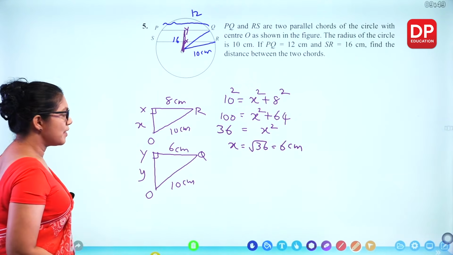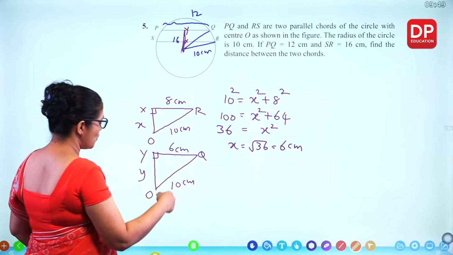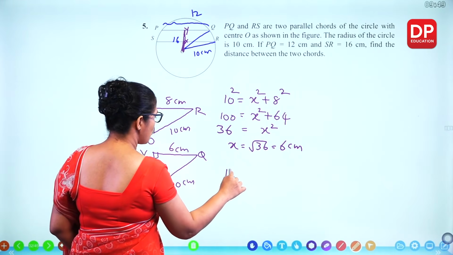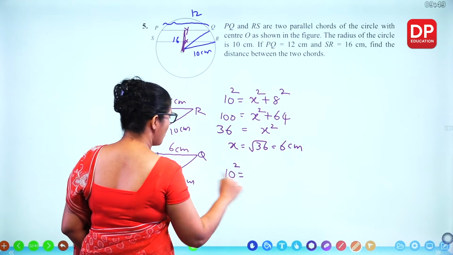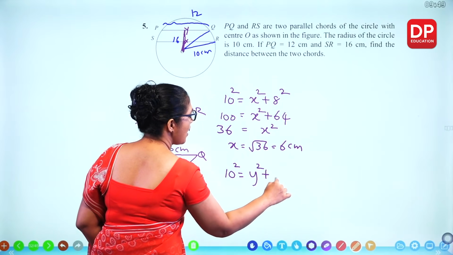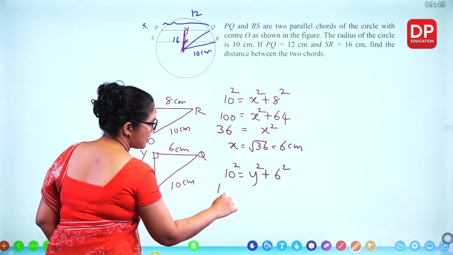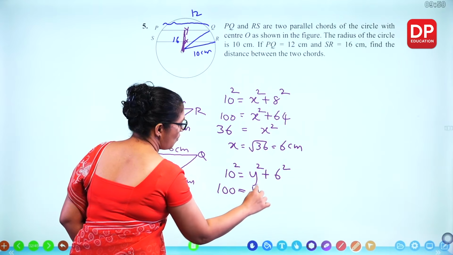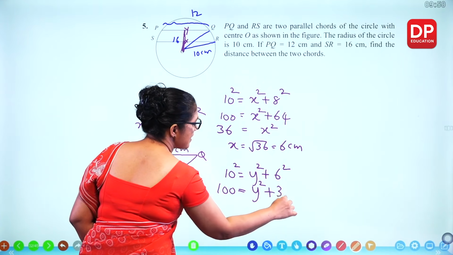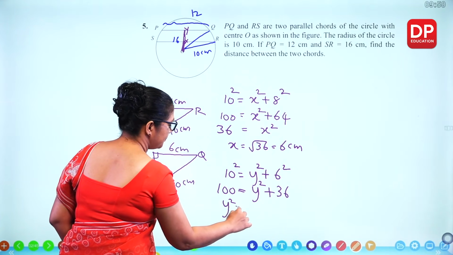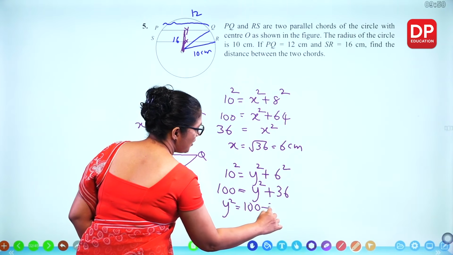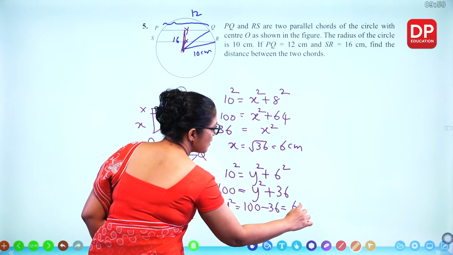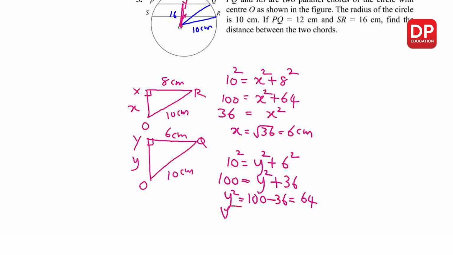Now do the same for this triangle. 10 squared is equal to Y squared plus 6 squared. 100 minus 36 gives 64, so the square root of 64 is the Y value, 8 centimeters.